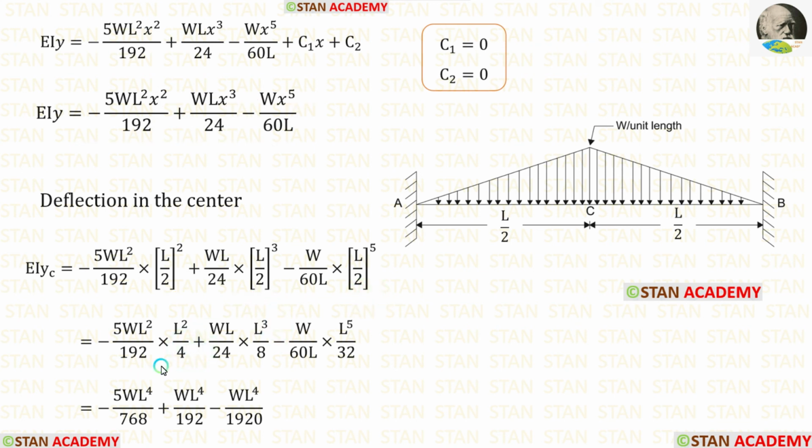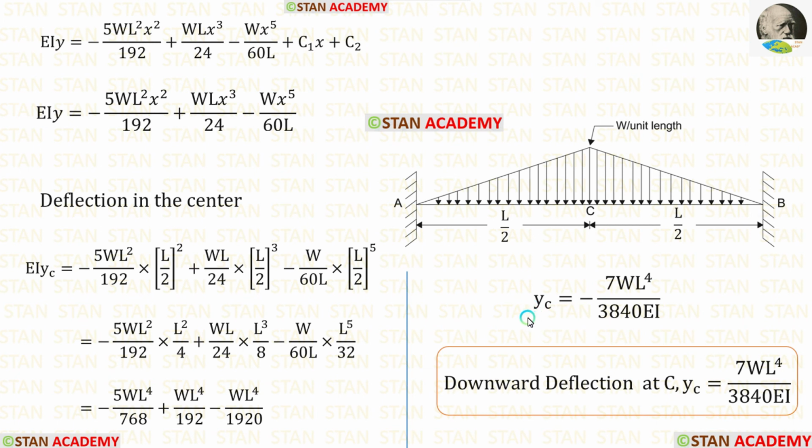We can use the calculator and simplify. Finally, for YC, we are getting minus 7 WL power 4 upon 3840 EI. We got a negative value, that means it is the downward deflection.